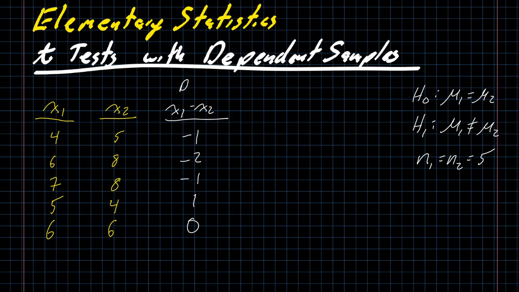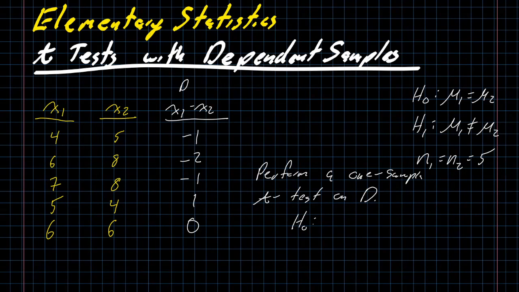This column D gives us a completely new distribution, and we can perform a one sample test on D. Our null hypothesis is that for the entire population, D is 0.